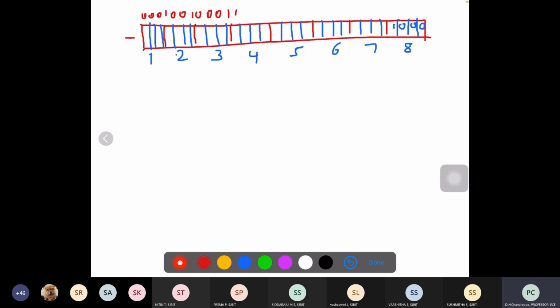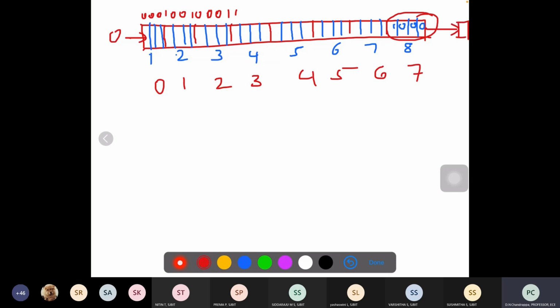1 in binary you should write 0, 0, 0, 1. 2 means 0, 0, 1, 0. 3 means 0, 0, 1, 1, like that. Now how many bits of data have to be shifted right? As given in the previous example, 4 bits. So 4 zeros are introduced from here.